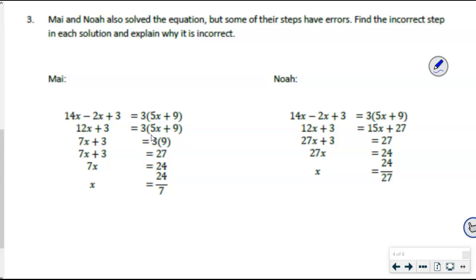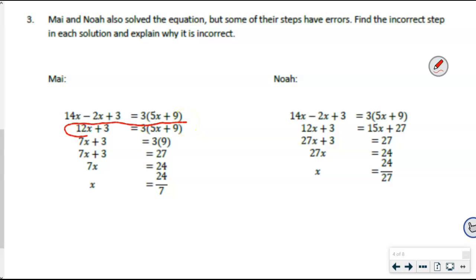Peyton. Yeah, they're still in groups. So if I really think about this, do I really have just 5x on this side? No. So if I'm getting rid of 5x, there's still 2 other groups of 5x that I haven't gotten rid of. So that's exactly it. She tried getting rid of the 5x when it was still inside of grouping symbols. This is a mistake.